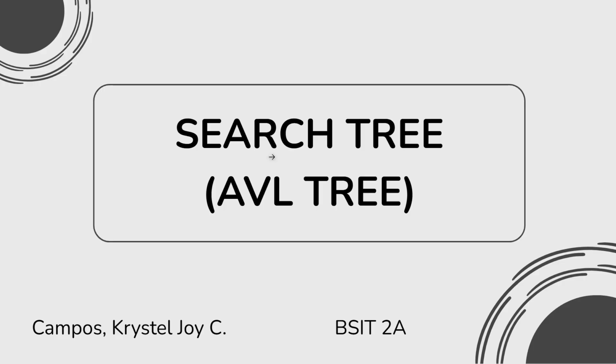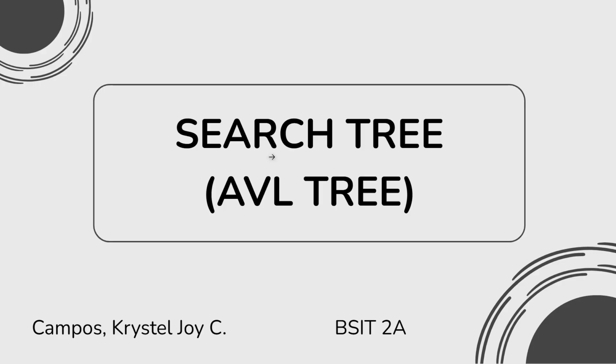A tree is called a tree because it looks like a real tree. It has a top part, which is the root, and it branches down into smaller parts. So we use tree data structures to organize data in a way that is easy to search, insert, and delete.